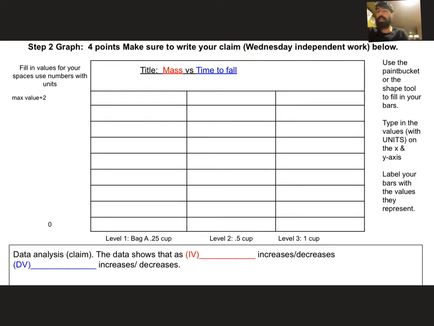The thing that people often forget is to put your units over here. So how many tenths of a second each of these lines represent, and you put the decimal and the number and the letter S. So for example, I might start with 0.41 seconds, and then I would have 0.42, 0.43 seconds, 0.44 seconds, and so on.